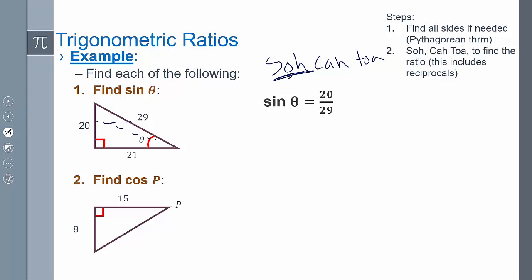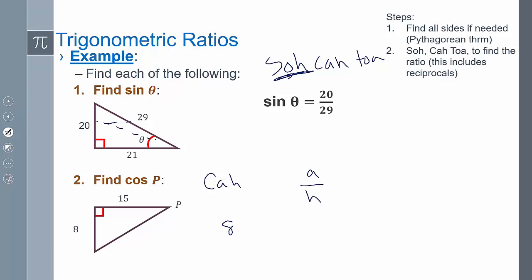Now sometimes you may have to use the Pythagorean theorem to find the missing side. So in this instance, I don't have the hypotenuse. So SOHCAHTOA, I need to know adjacent over hypotenuse, but I don't have my hypotenuse. And so we need to use the Pythagorean theorem to be able to find what the hypotenuse is.